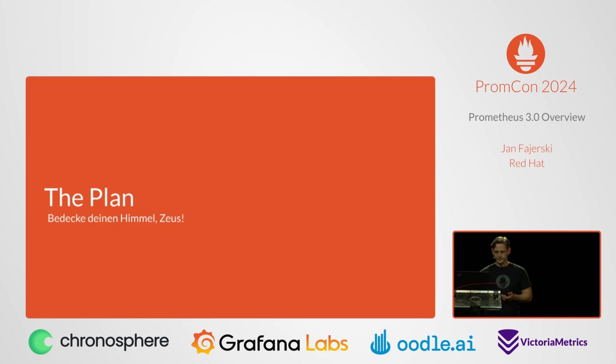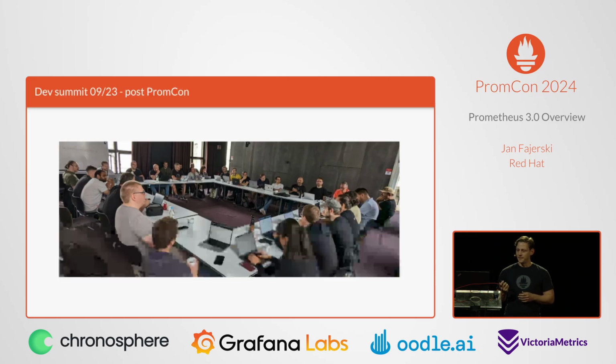All right, so the plan, bonus points who knows what that subtitle means, but only people who weren't there for that. So let's see. This is a picture from the Dev Summit, September 23. This was just after PromCon 23. If you don't know what a Dev Summit is, it's where the Prometheus community comes together.